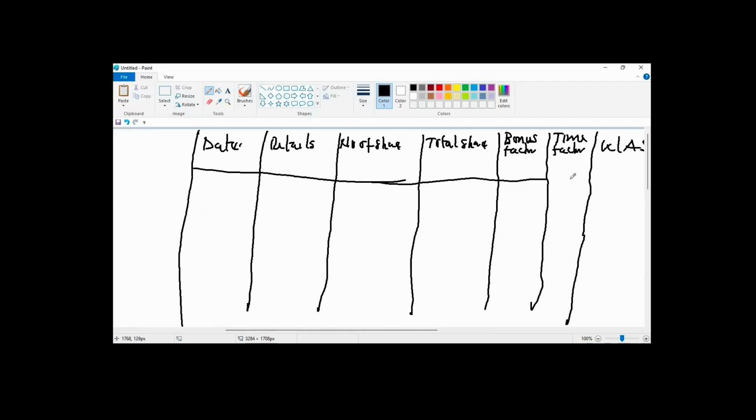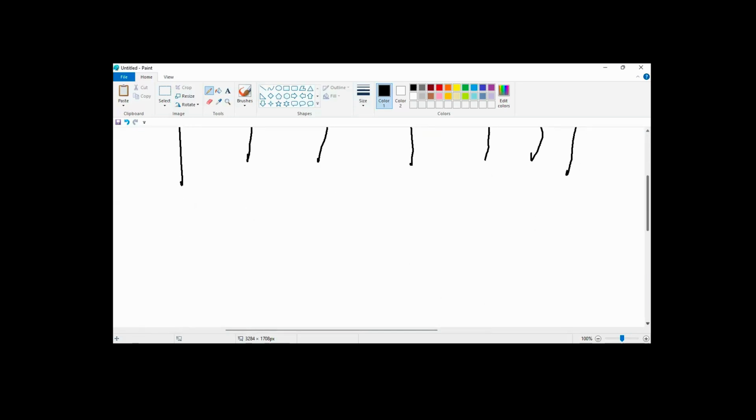I'll go to the question. The question says, information one, ordinary share capital as of 1st October 2017 was 15 million naira.